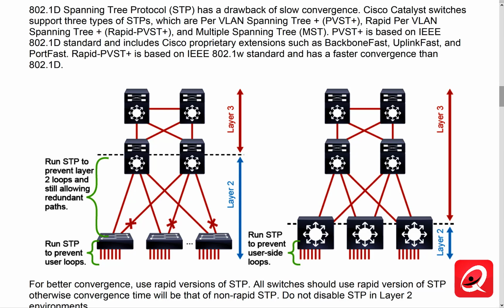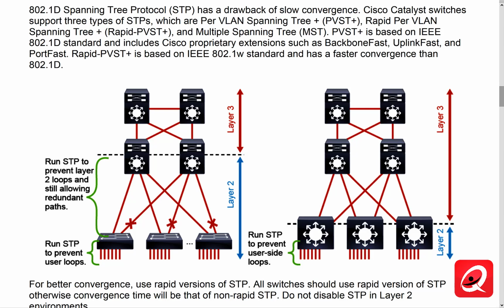Then that root switch would have to send a TCA, a topology change acknowledgement, back to the switch that sent the original notification, and then the root would start to propagate the topology change BPDUs down to the rest of the switches in the domain. Not very efficient, because the root could be multiple hops away from a layer 2 perspective, and it takes a while for that information to propagate.